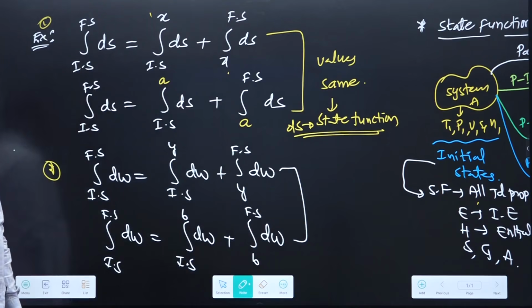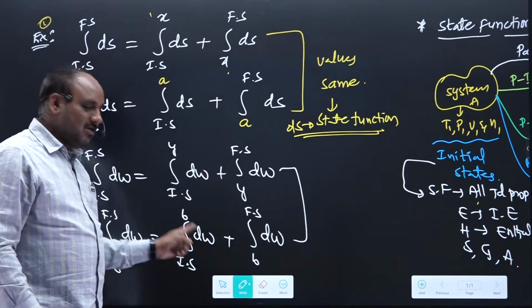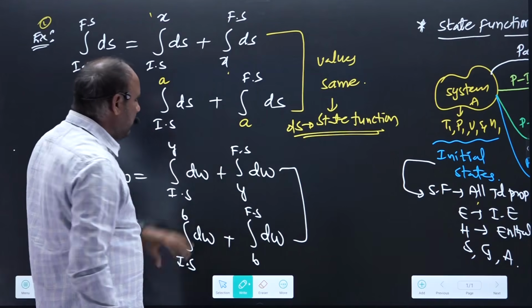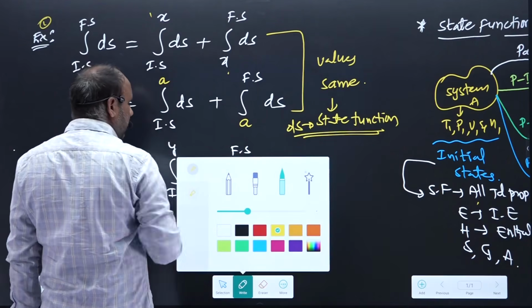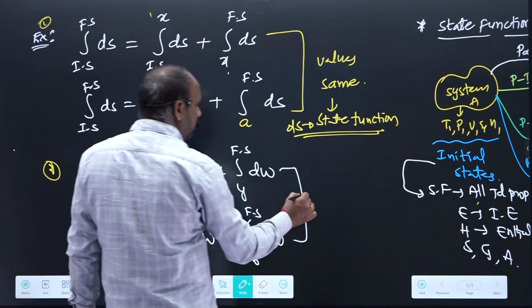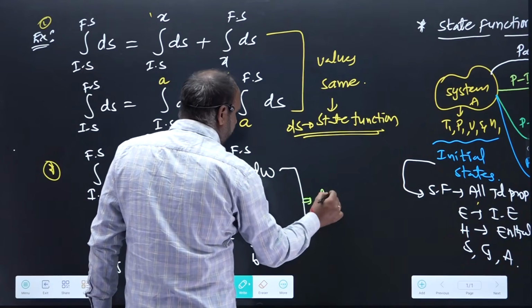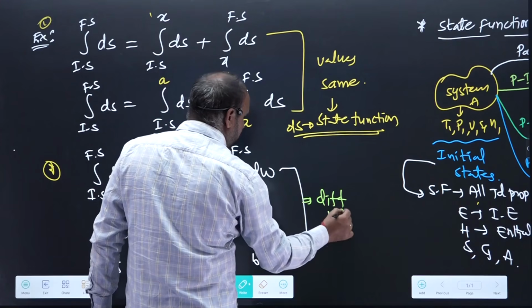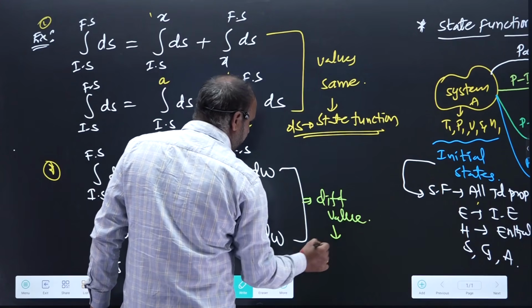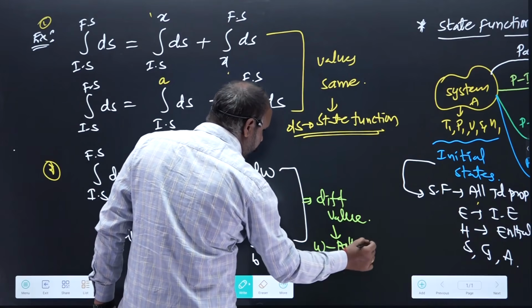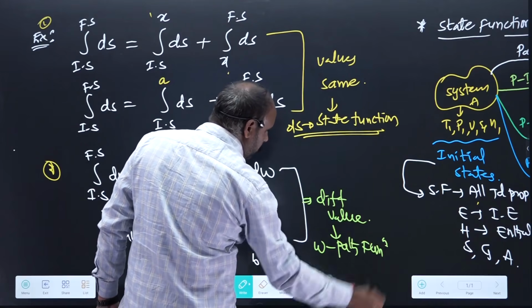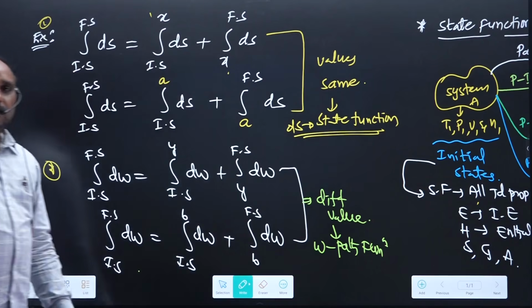Different value. Therefore it depends on pathways. That's why work is a path function. So here we are getting a different value. Therefore w is a path function.